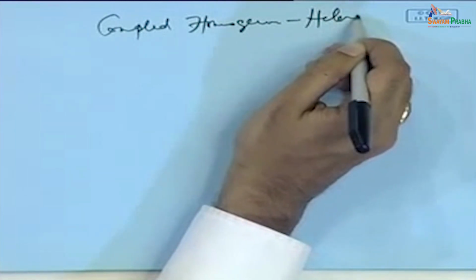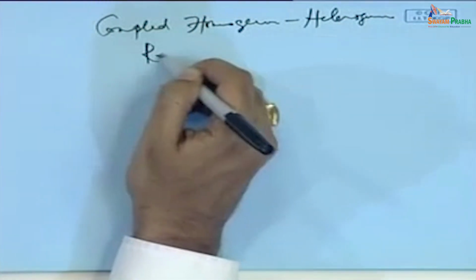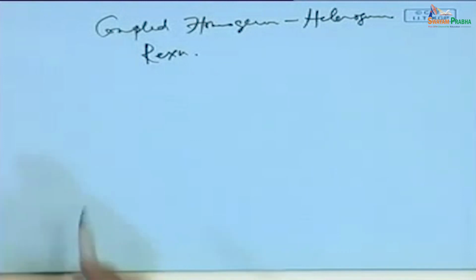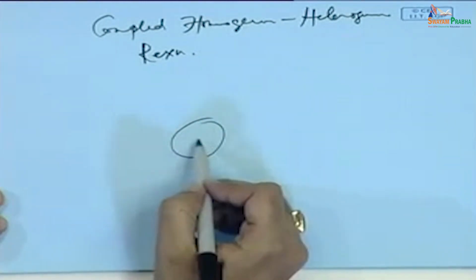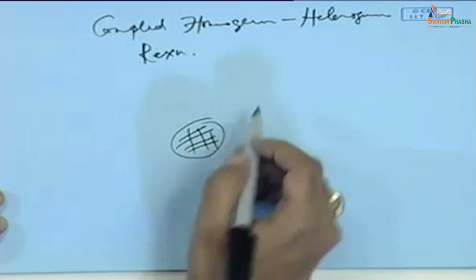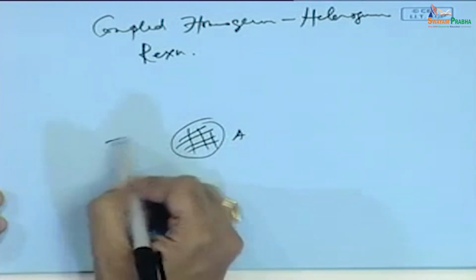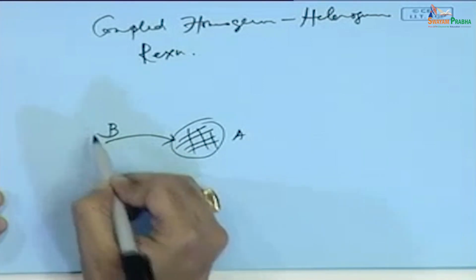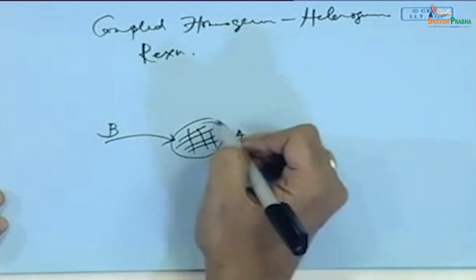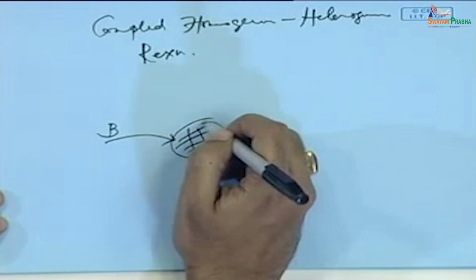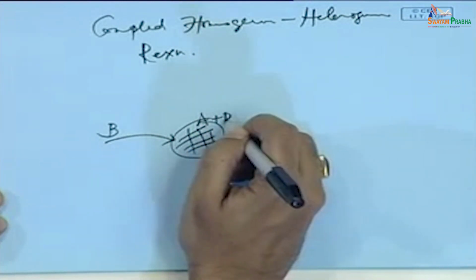A coupled homogeneous heterogeneous reaction is, for example, you have the catalyst pellet out here. So this is reacting. This reaction A plus B is happening on the catalyst pellet, right?